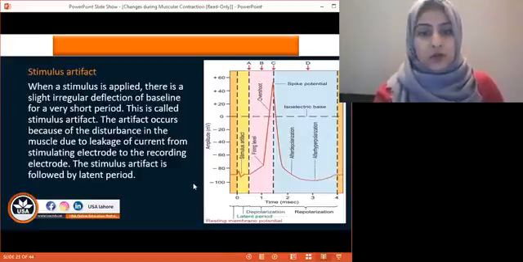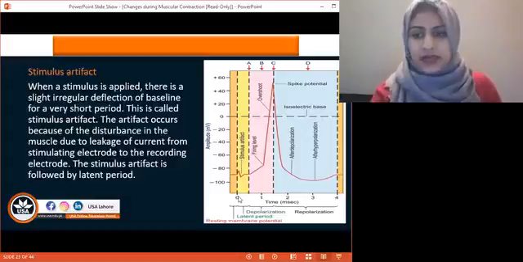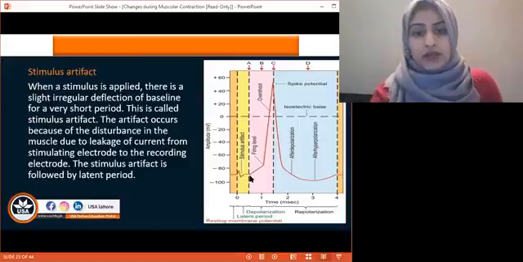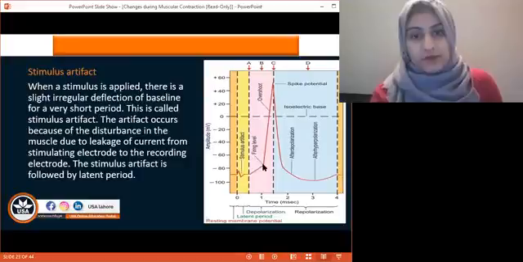So that's all, and that is how the muscle shows its action potential curve. It starts from minus 90 millivolts; after the stimulus artifact, it shows the latent period, then it slowly depolarizes for minus 15 millivolts, and right at the firing level, it shoots up with depolarization, and beyond the zero potential level, it overshoots.